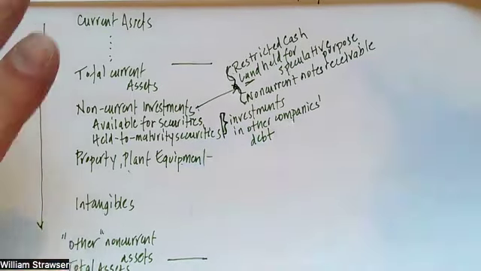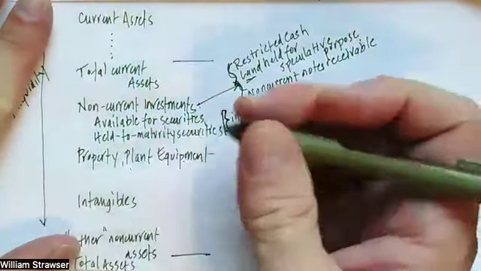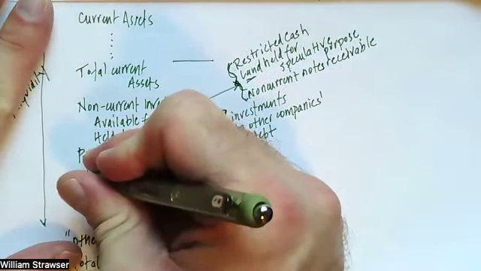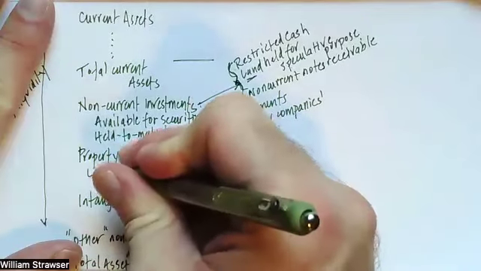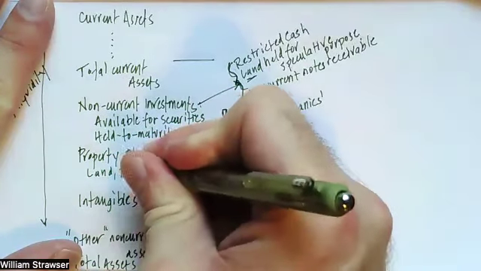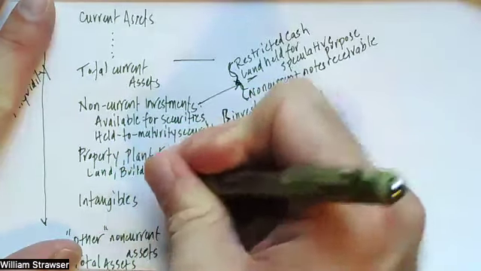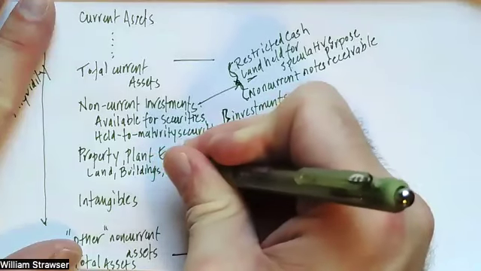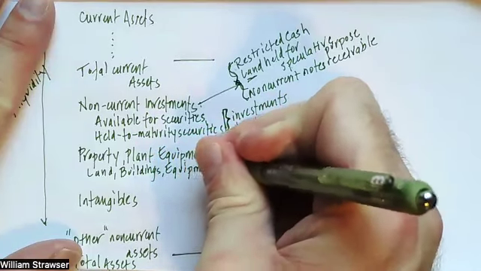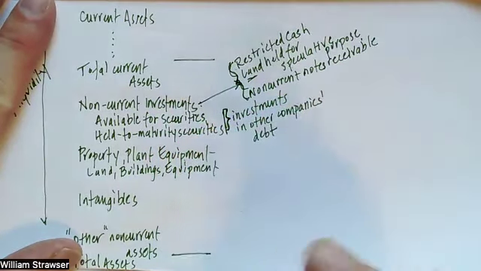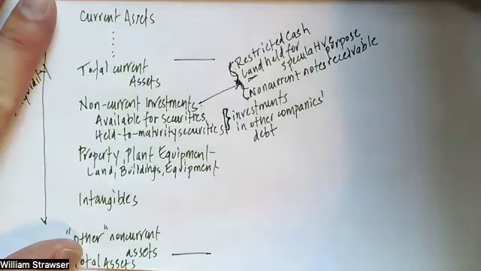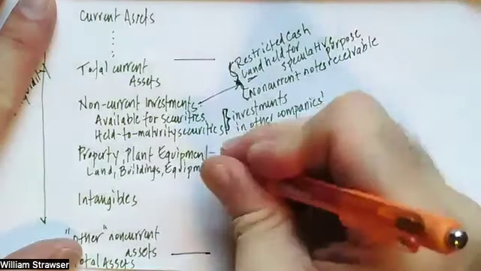Property, plant, and equipment. The usual pieces here: we got land, buildings, equipment. Do remember that for this one, there is a contra asset to consider.